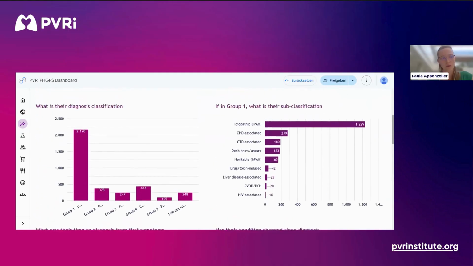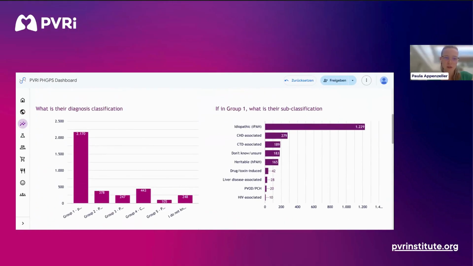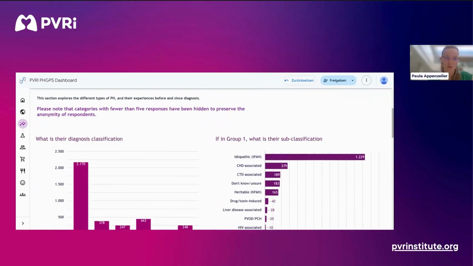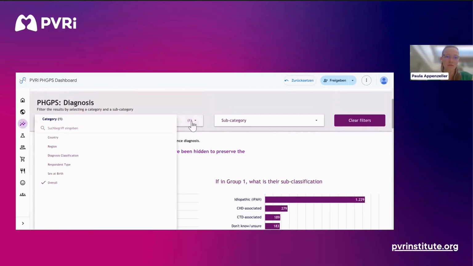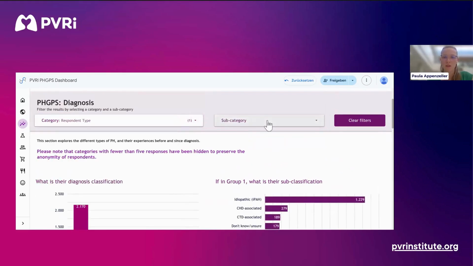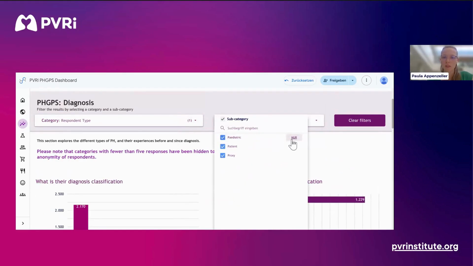Again, we want to apply one of the filters. The next filter we're going to try out is the respondent type. First we're going to look into all the pediatric responses. So again, we click on category, we choose respondent type, and in the subcategory, we will start with pediatric.